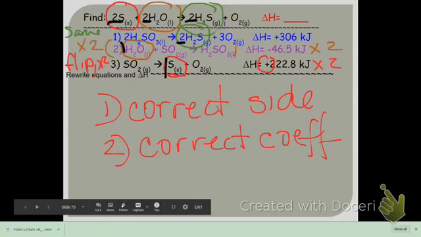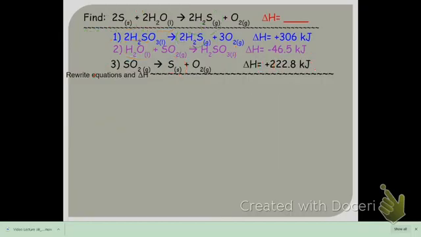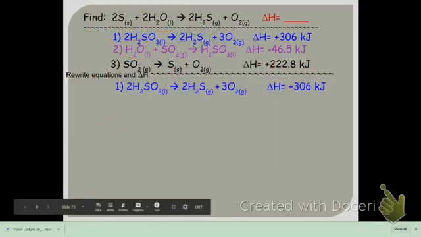Remember, we had same times 2 flipped in times 2. So equation number 1 stays the same. Equation number 2 is multiplied distributively. So we've got 2 H2Os, 2 SO2 gases, and 2 H2SO3 liquids. So we know that worked.